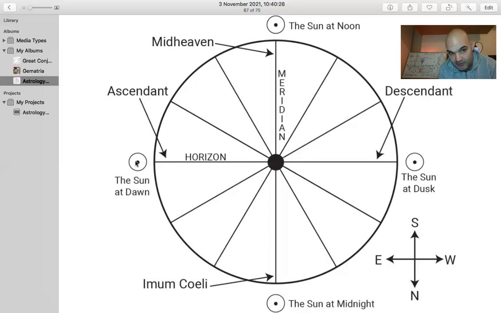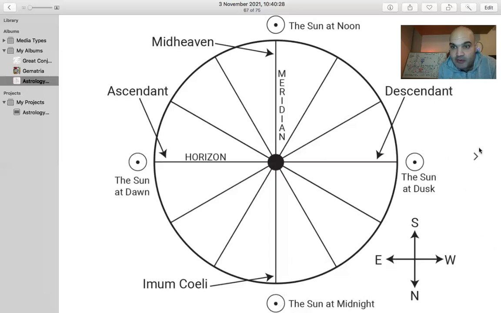So this is why they say the sun rises in the east, but obviously in like the mainstream view of east is this side. But because we're looking at it from a northern hemisphere perspective, the south is always up here and the north is down here, like it shows on the diagram.